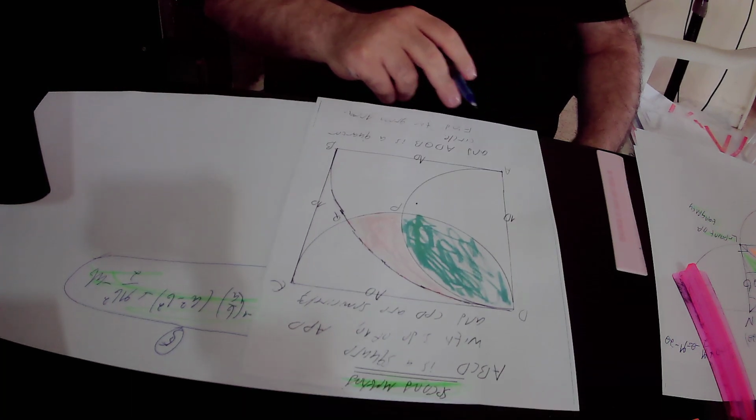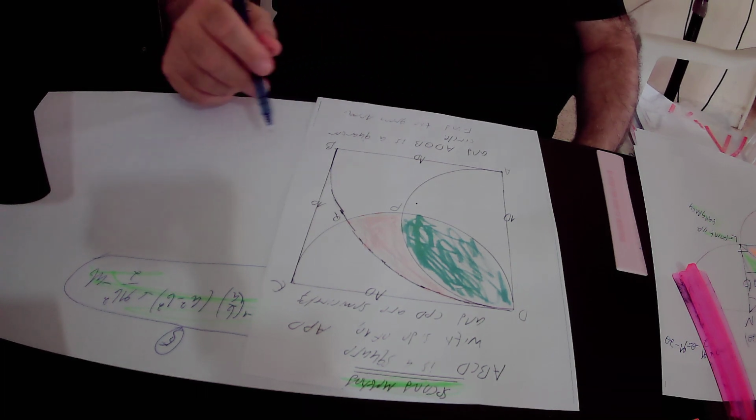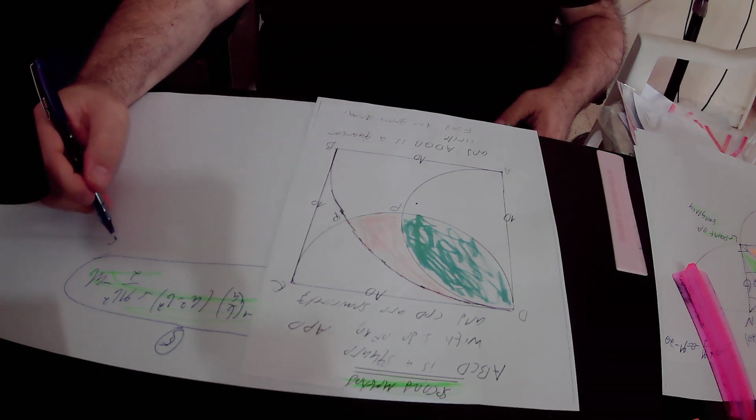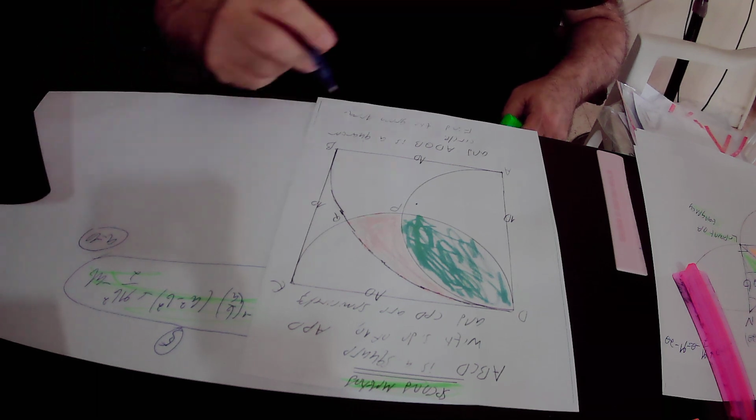And we know that the radius of the quarter circle equals 10 units, so A equals 10. It is the radius of the quarter circle.